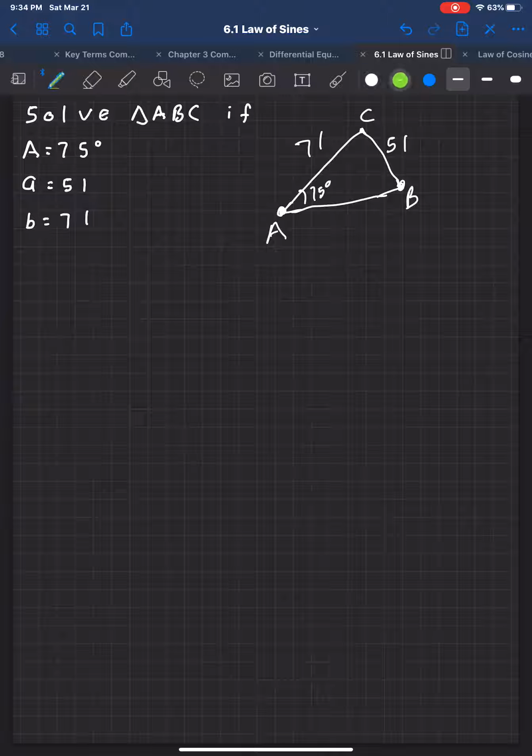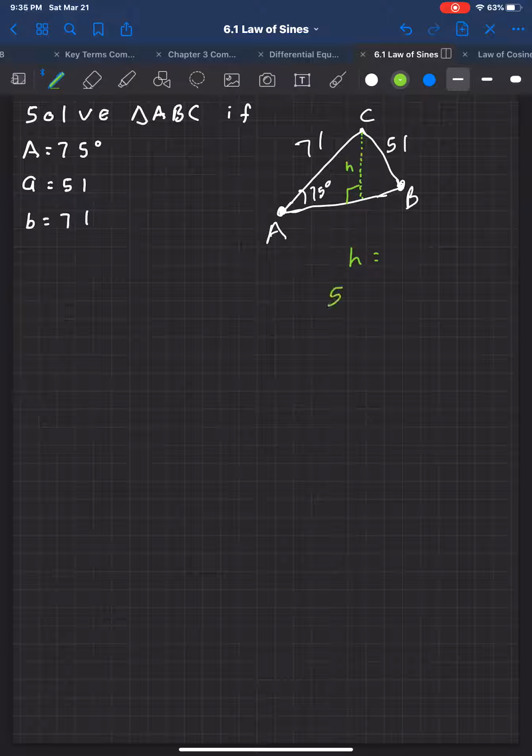And I'm noticing that, wait a minute, this is the ambiguous case for law of sines. So I might not even have a triangle here. And if I do, I might have two of them. So I need to slow down. My first job is to actually find h, right?